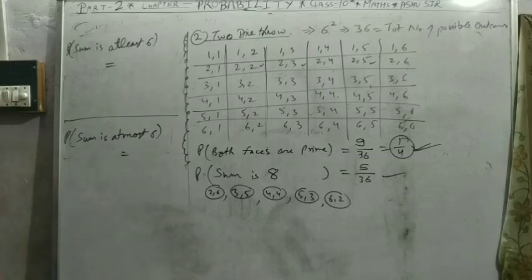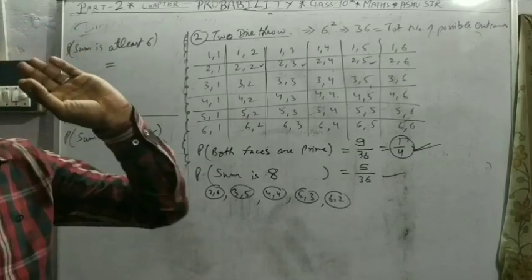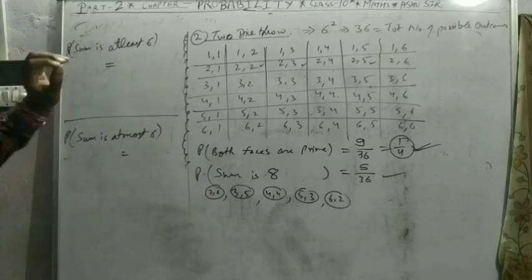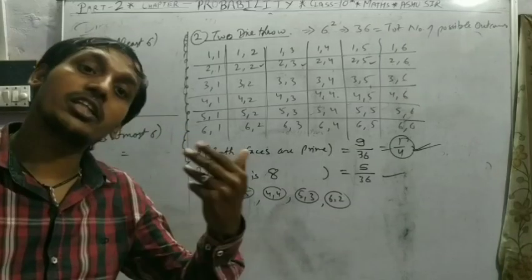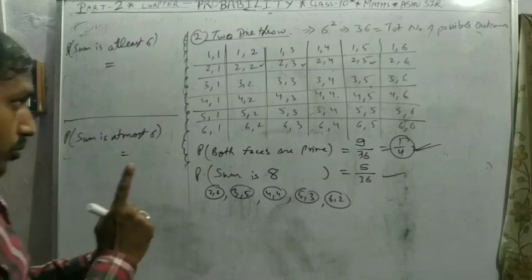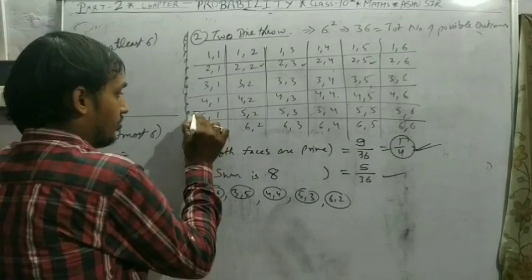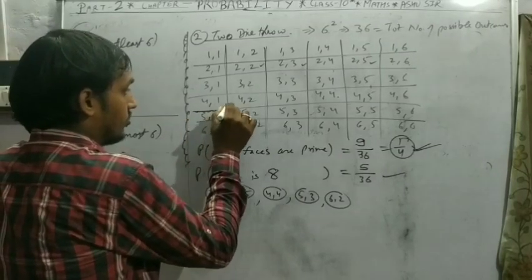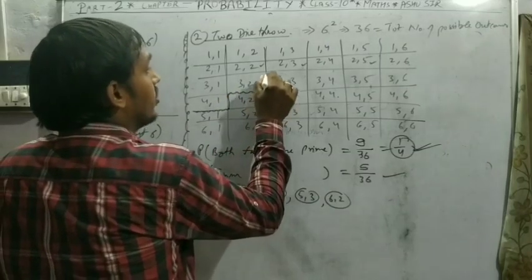At least 6 means 6 or greater than 6. So we have to make a line, 6, 6, 6.